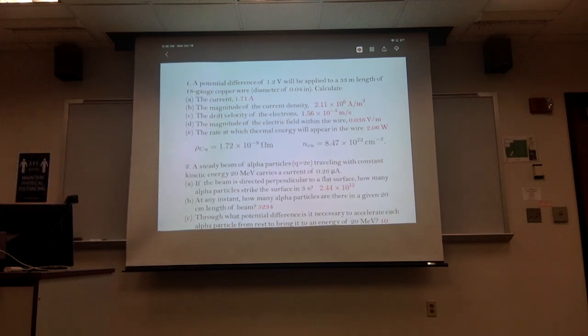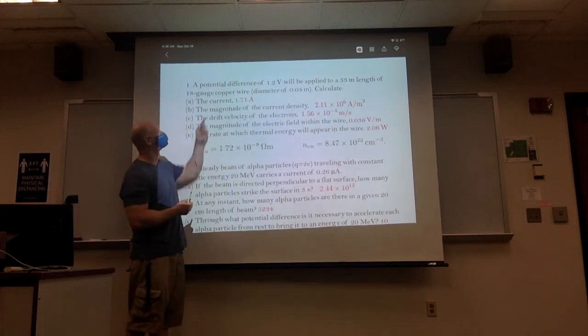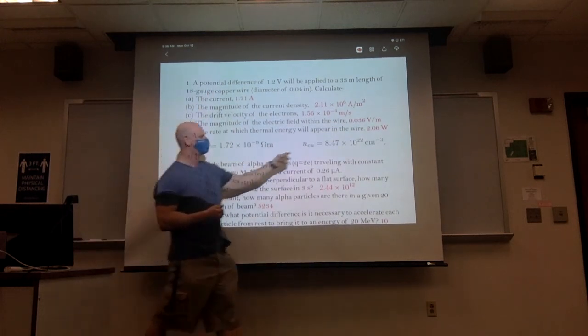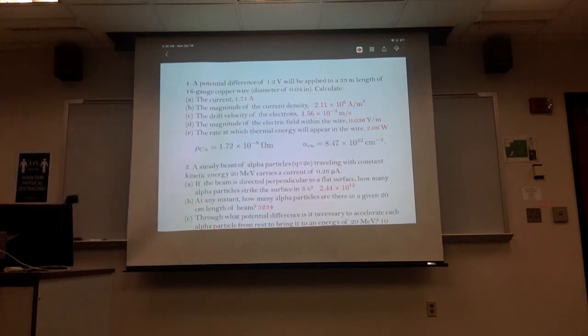So that's the power loss, basically. So this is all looking at power loss. For this, you just need to know the resistivity of copper, since we're dealing with copper wire. And then the number density, so that's how many copper electrons per centimeter cubed in this case. So this is kind of a straightforward question, so not too bad.